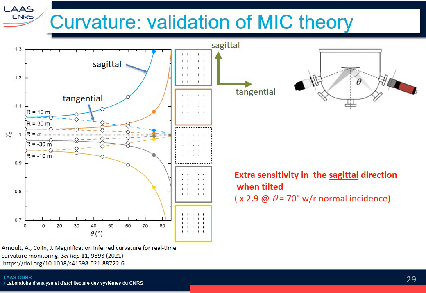That means that in the tilted configuration, increasing the theta angle increases the sensitivity of the measurement in the sagittal direction. That's what we did, and for the rest of the talk, the measurements were done at theta equal 70 degrees, which gives us an extra 2.9 increase in sensitivity.